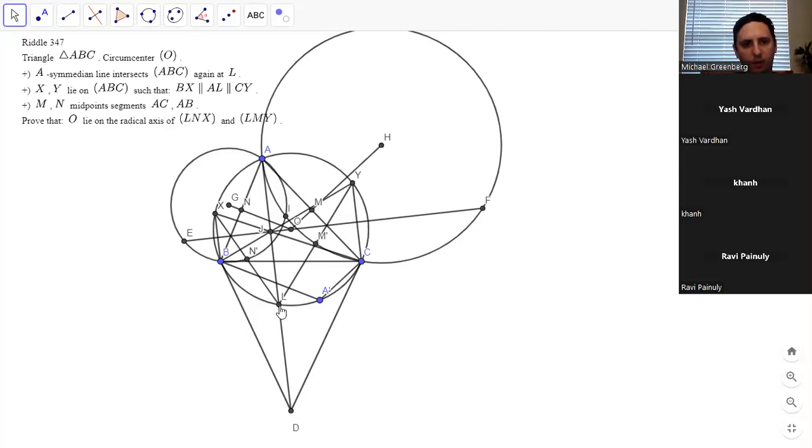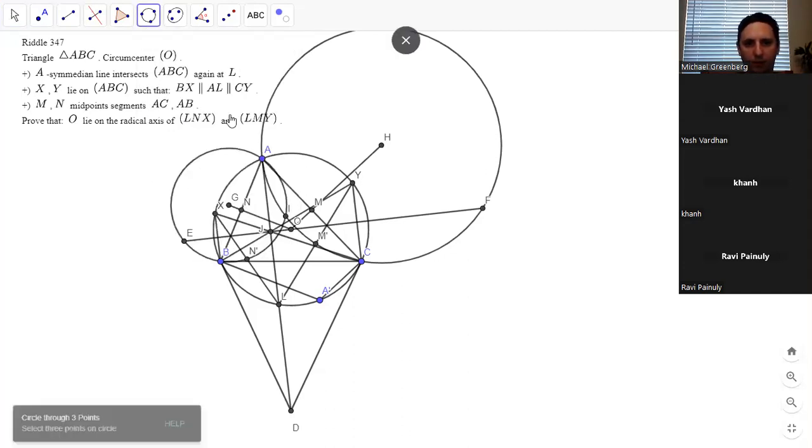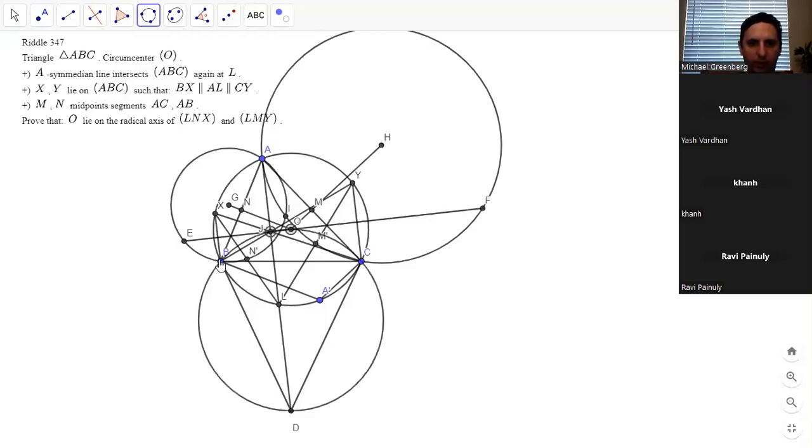Let me see if it helps at all to draw in this circle that Konstantinos mentioned. Maybe we could use Casey's theorem on these two circles.